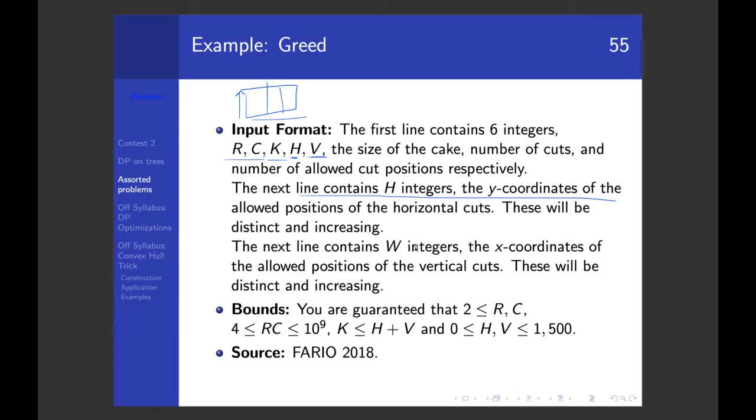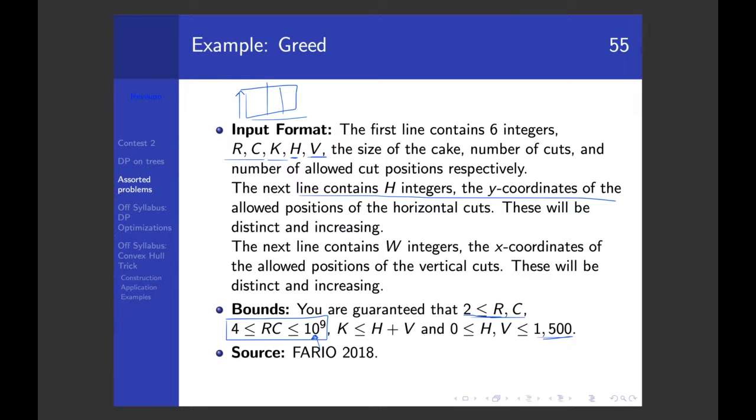Bounds: each grid dimension is at least 2 and up to 10 to the 9, so the area is up to 10 to the power of 9. Also, the number of H and V are up to 1,500 each.